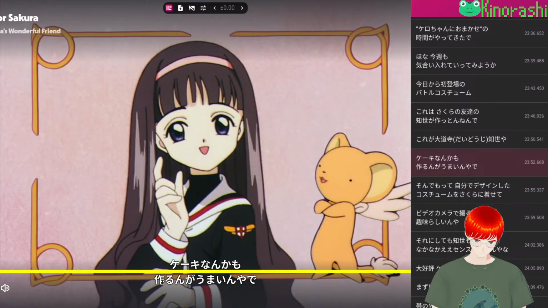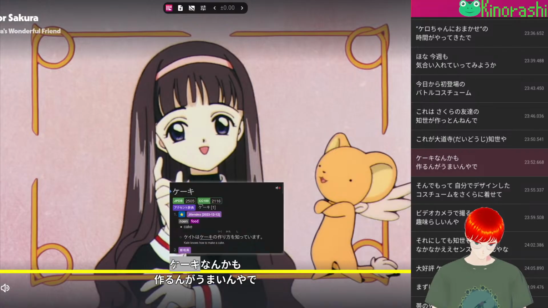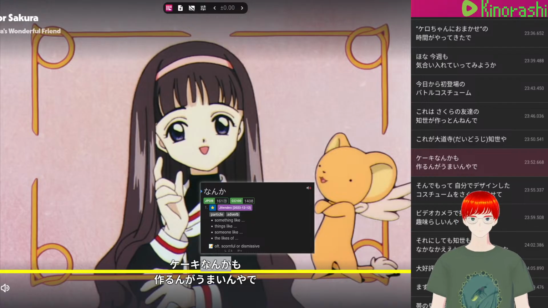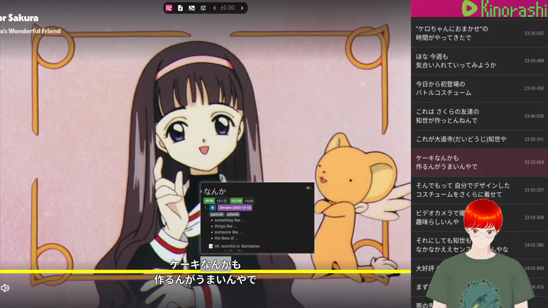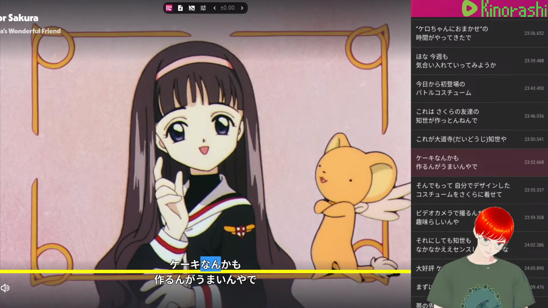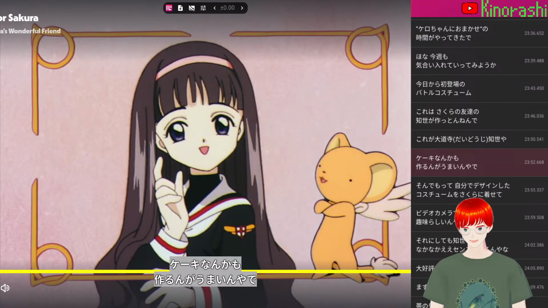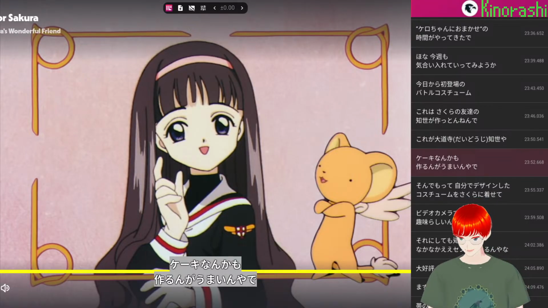Skillful. Nanka, something like. I think this is just supposed to be the explanatory n. Keiki nanka mo, able to make a cake. She's pretty good at making cakes and stuff.